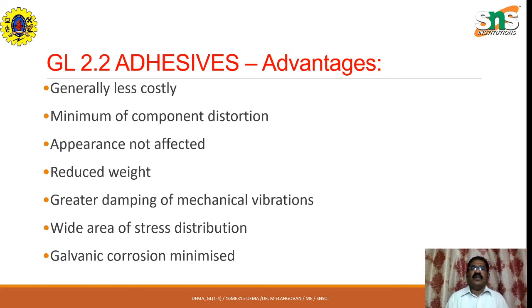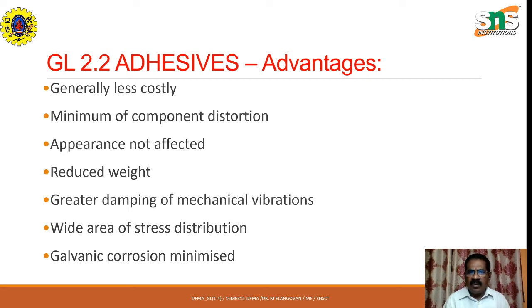You can also use adhesives. Adhesives, what are they? They are something like a gum where we try to create a bond between two materials. Okay, what are the advantages? Generally, they are less costly. Minimum component distortion. The appearance is not affected because there is nothing to be machined or anything like that.